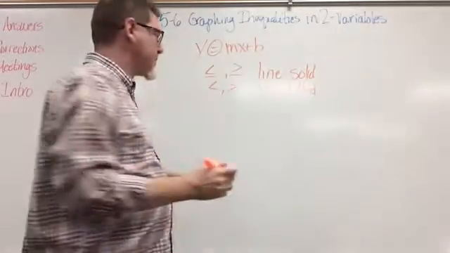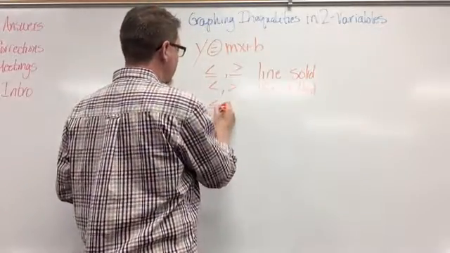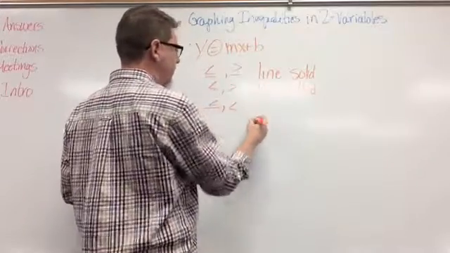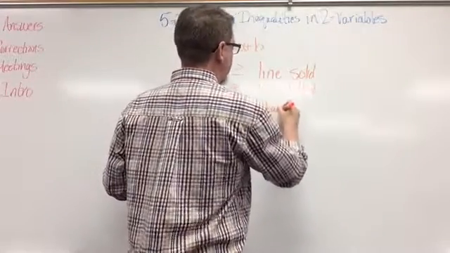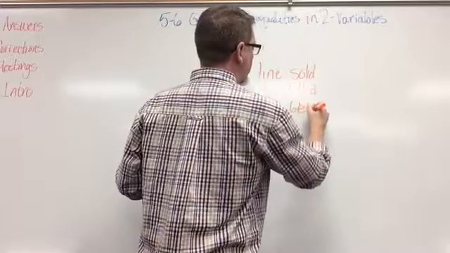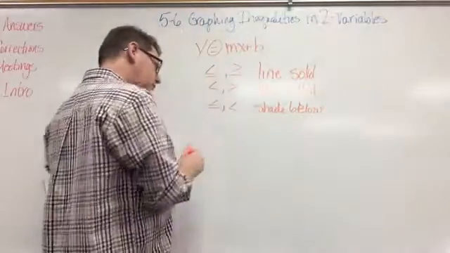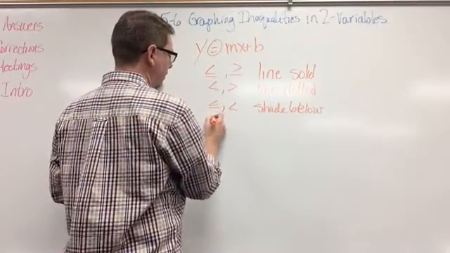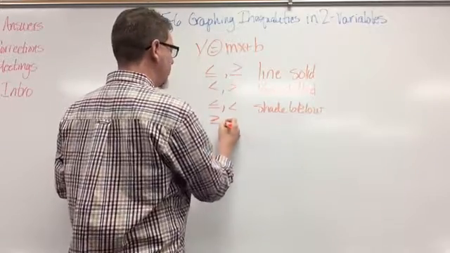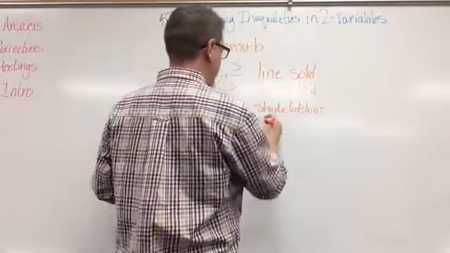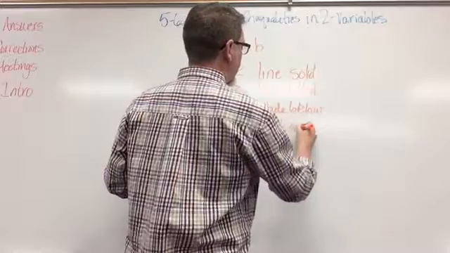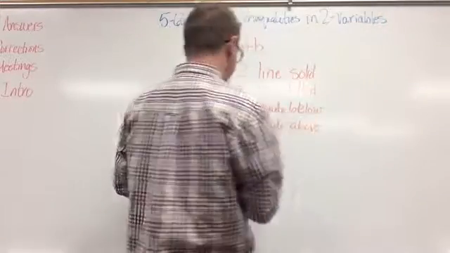Okay? If we have less than or equal to or less than, we shade below the line. If we have greater than or equal to or just greater than, then we shade above. Okay?